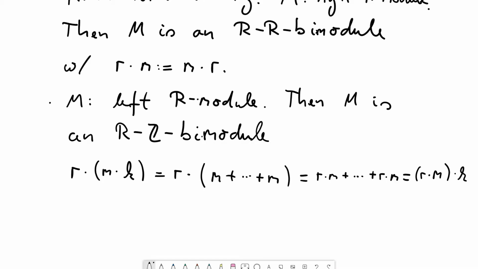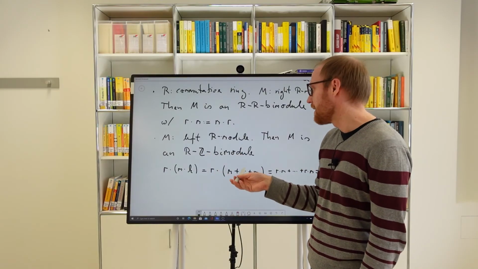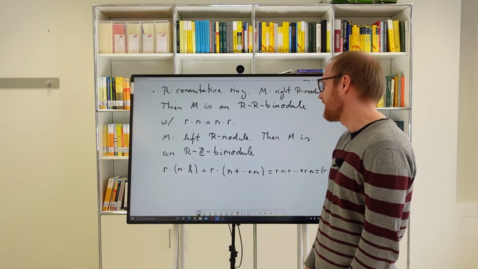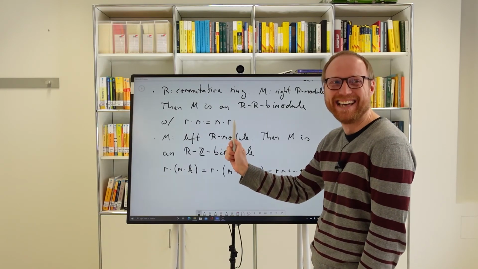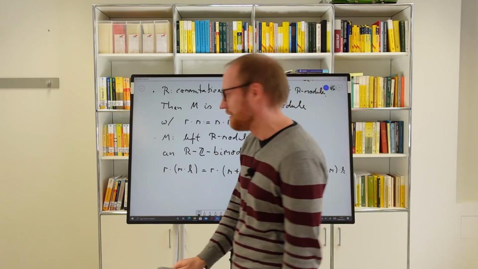So it's immediate that this bimodule property is actually satisfied. So I can consider every left R module as an R-Z bimodule. And of course, the very same argument, mutatis mutandis, says that every right R module is canonically a Z-R bimodule.